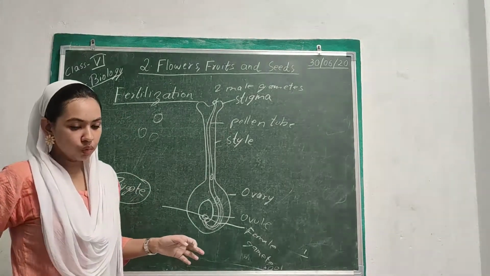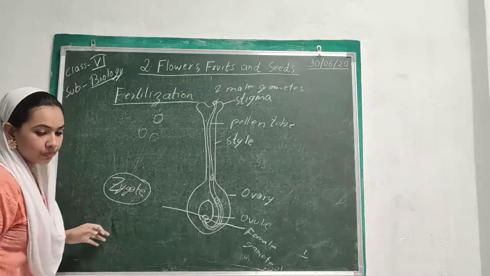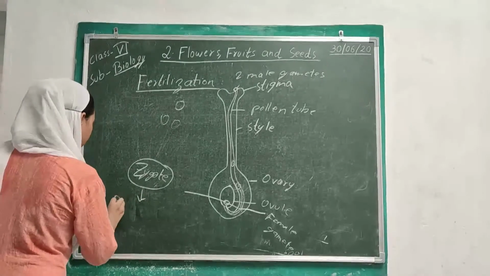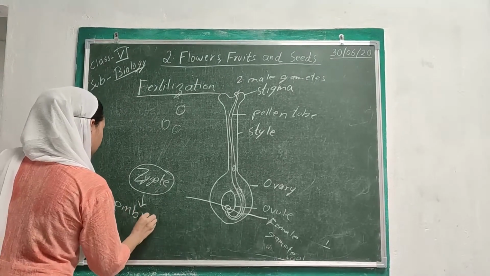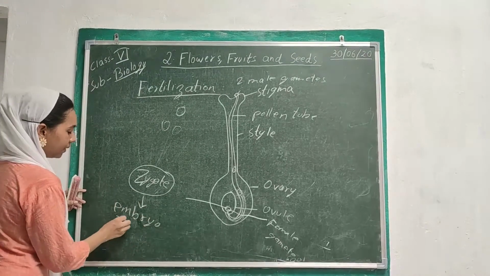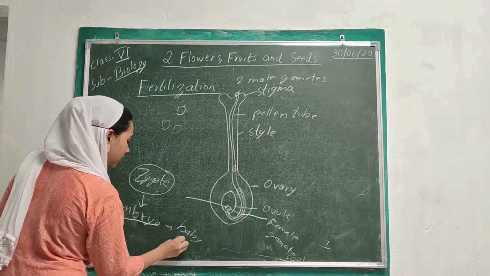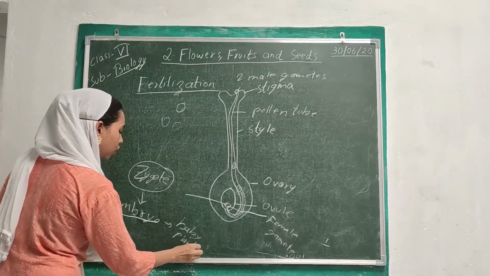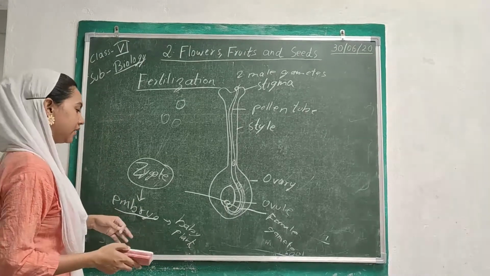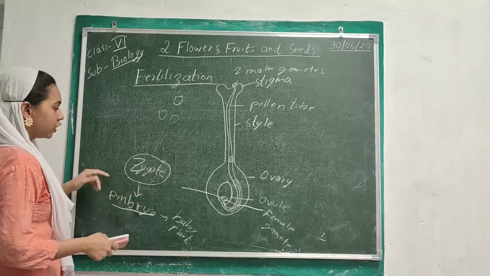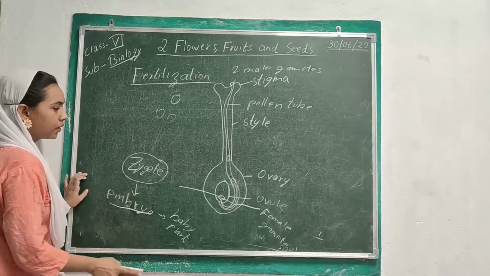Now what will happen to the zygote? This zygote will develop into an embryo. An embryo is the baby plant, which will grow to become a big plant. So after fertilization, the zygote is produced and this zygote will turn into the embryo.